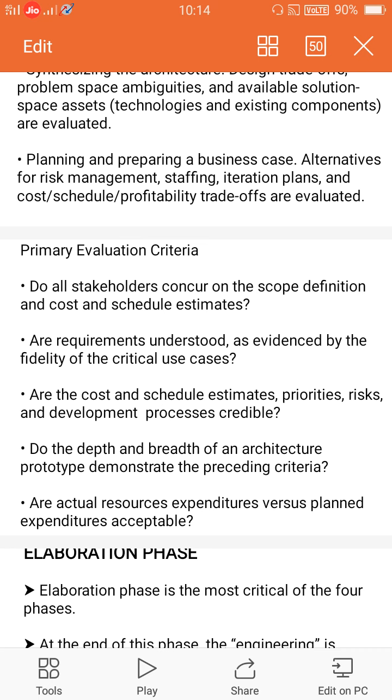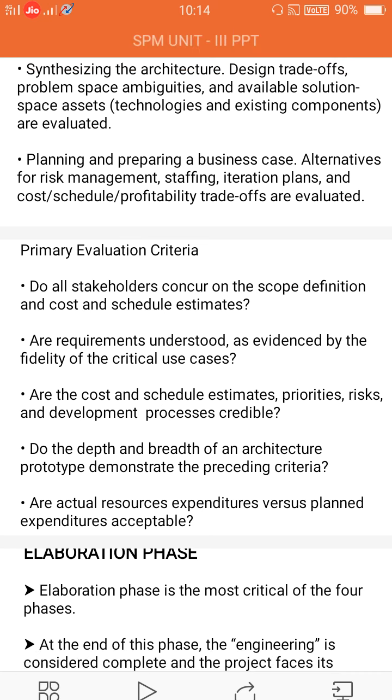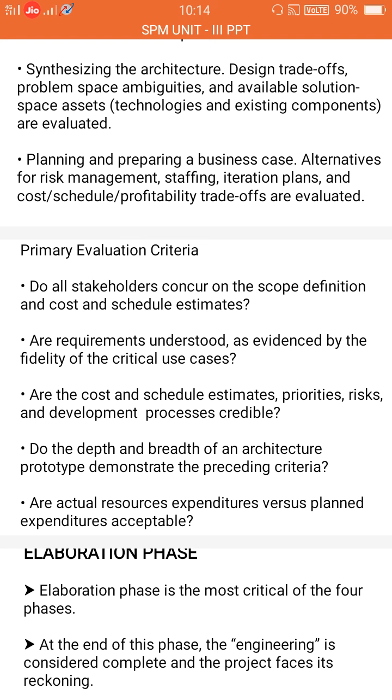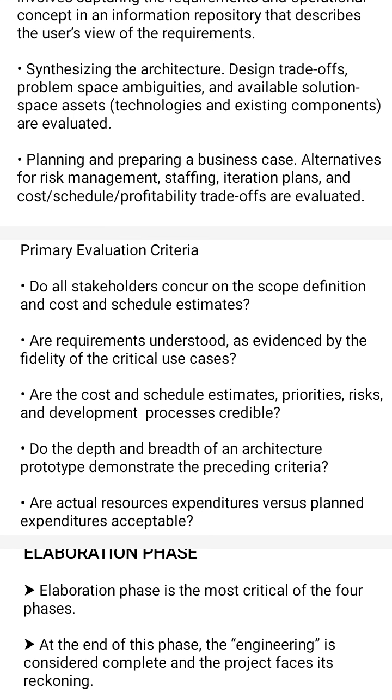Third, are the cost and schedule estimates, priorities, risks and development process credible or not? Fourth, do the depth and breadth of the architecture prototype suffice? Fifth, are actual resource expenditures versus planned resource expenditures acceptable or not? These are the questions of the inception phase.